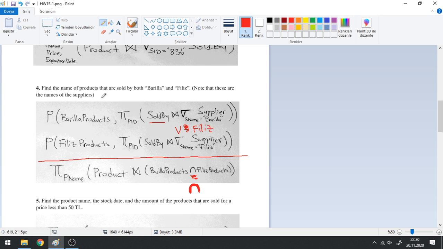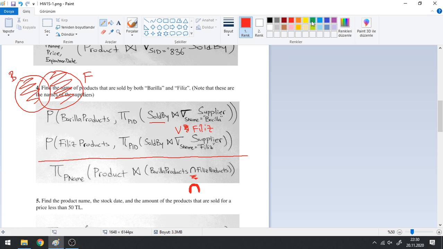So the problem is that in this aspect, without using this set operation, we have some Barilla products and we have some Phyllis products. So these are in terms of products. And if you say, I either get the supplier Barilla or Phyllis, then you are also getting these differences.